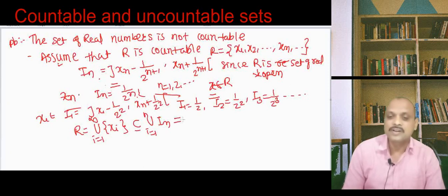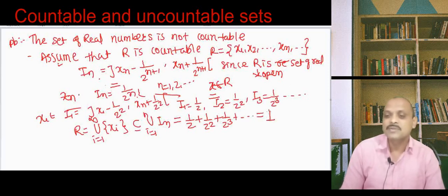And what is the union of In? It is 1 by 2 plus 1 by 2 square plus 1 by 2 cube plus and so on, and this is at most equal to 1. This is a geometric series whose sum is equal to 1.